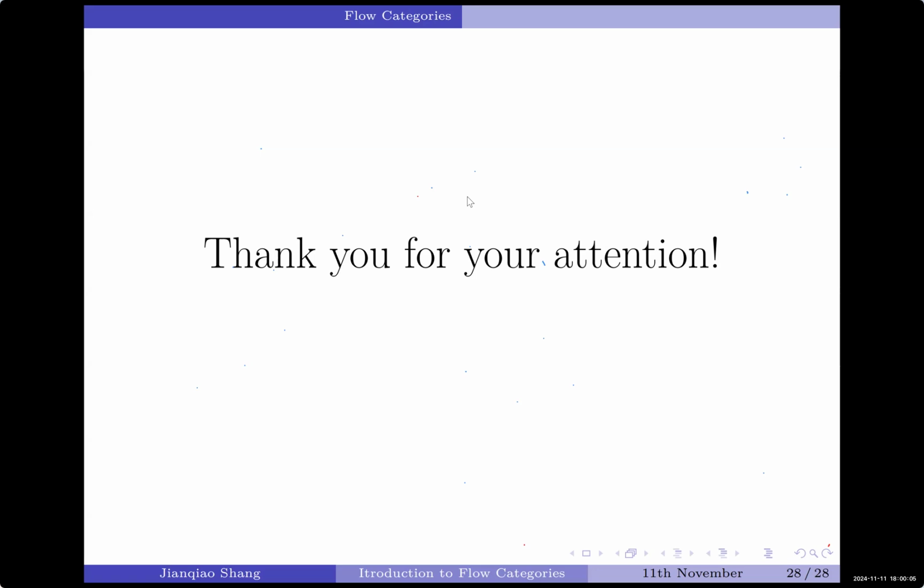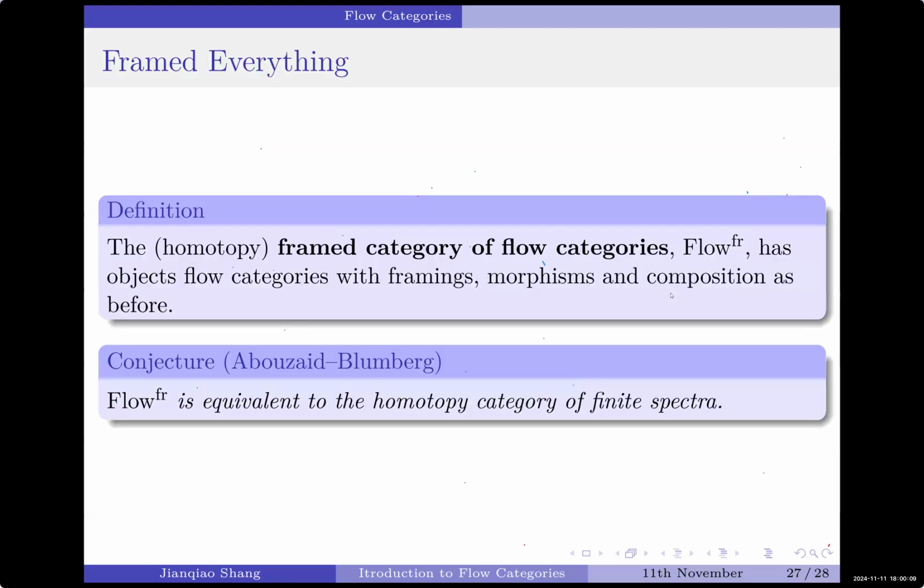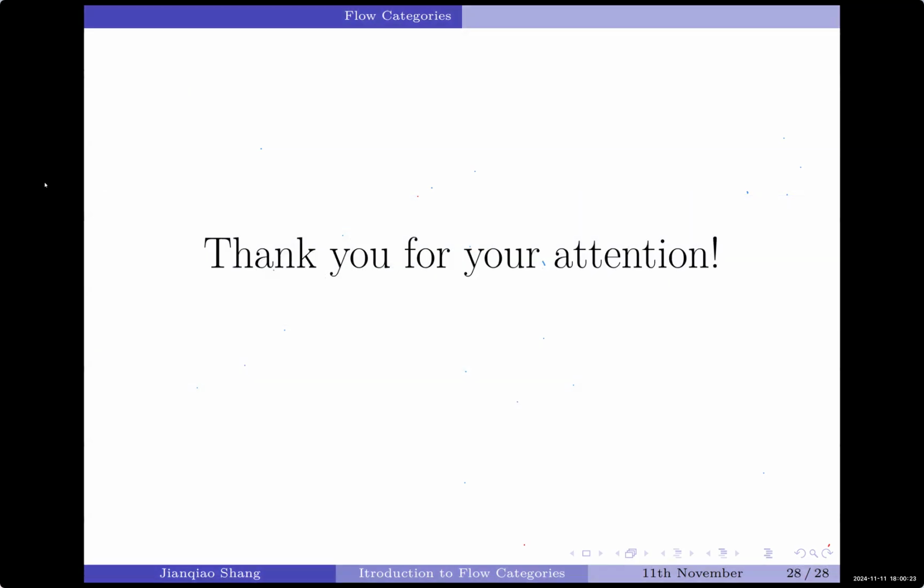I'm still a little bit confused, so maybe I can ask for a specific example that will elaborate things. Take, for example, three flow categories with three objects each.